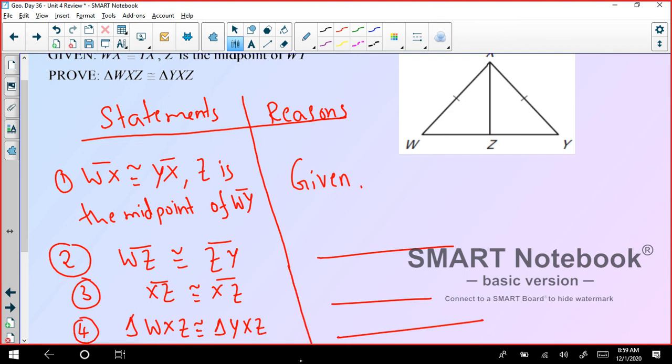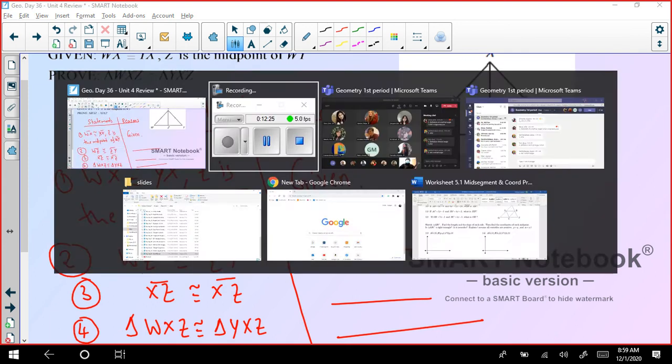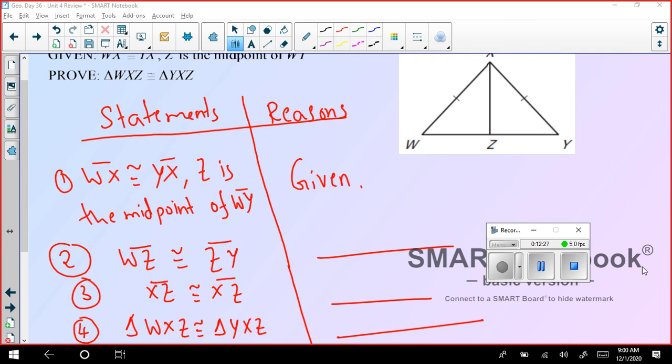Okay. Use your chat and tell me the reasons for these three steps, and then we will see the next slide. If your friends suggested that WZ is congruent to ZY by definition of midpoint, that's absolutely right. By definition of midpoint, I can say that these two are congruent.